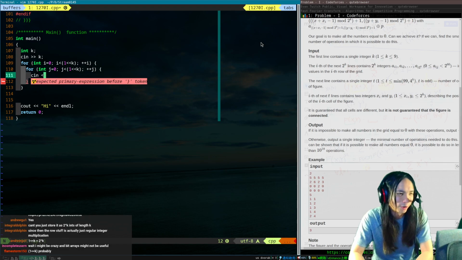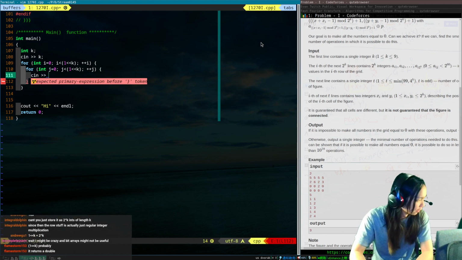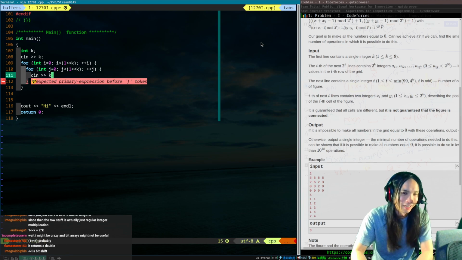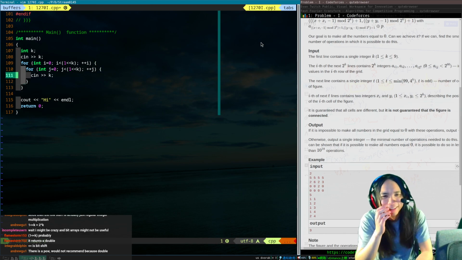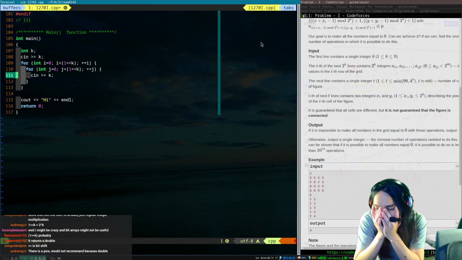Is there not a pow function in C++ or something? At least I have to write that? I mean, okay, whatever. Alright, how do I read? Oh god, this is going to be rough.